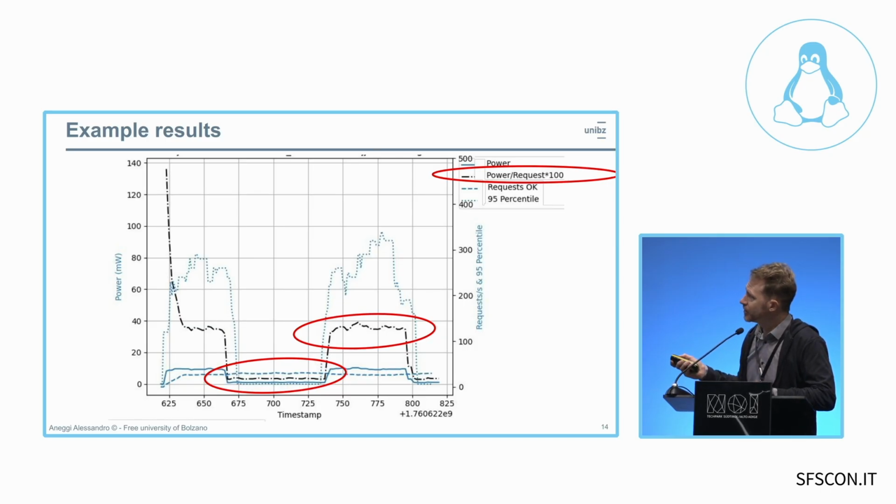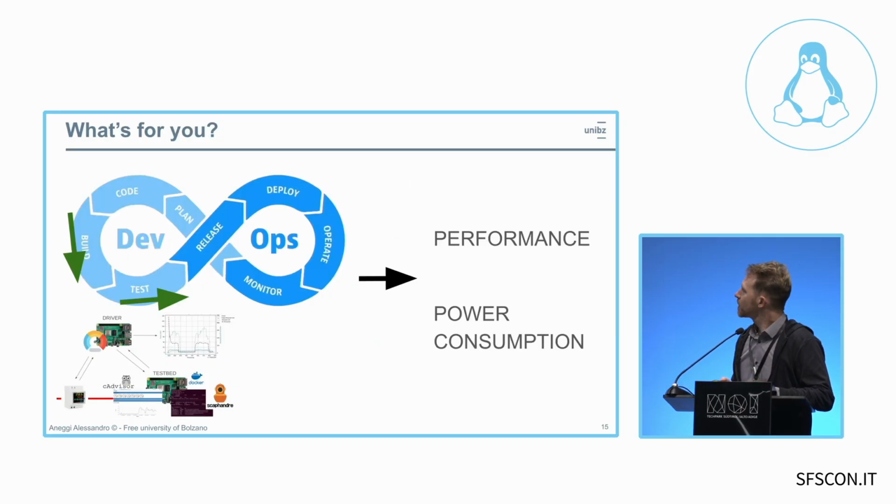The initial part is just because the system has just started, and the first request requires a lot of effort from the software at that moment.